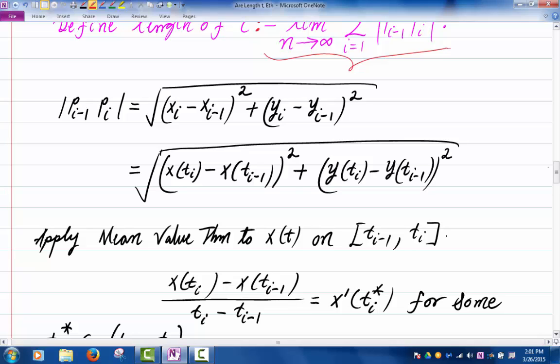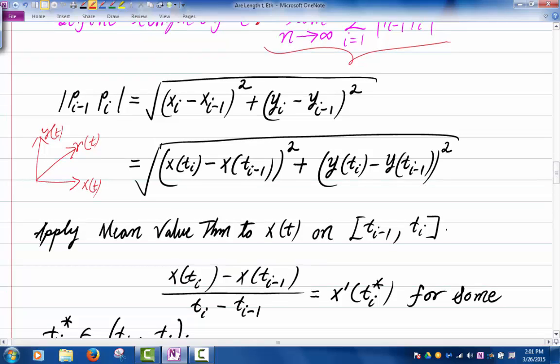So if you have the position vector of t like this, then x of t is the horizontal component, y of t is the vertical component. Now, I am going to apply the mean value theorem to the x of t function on the time interval from t_{i-1} to t_i.